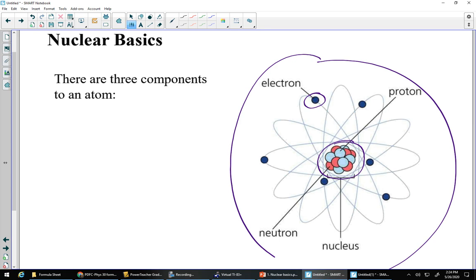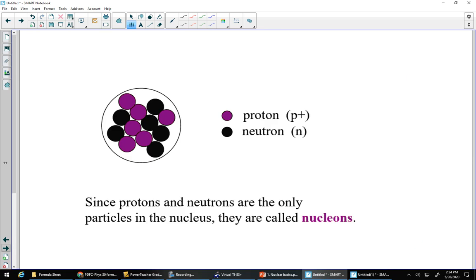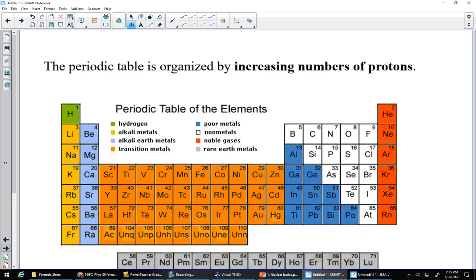Now we're focusing on just the nucleus. So inside of the nucleus, we've got those protons and neutrons. You know, protons are positive, neutrons are neutral. Together, and this is a bit of a new term, we're going to call them nucleons. So nucleons are protons and neutrons, the things that are inside of the nucleus.